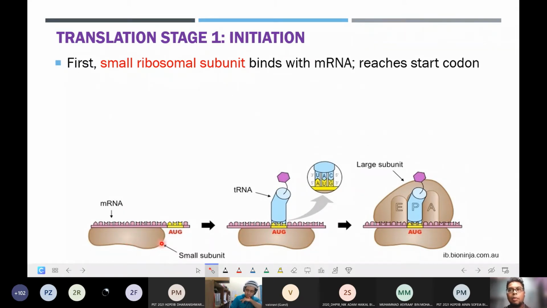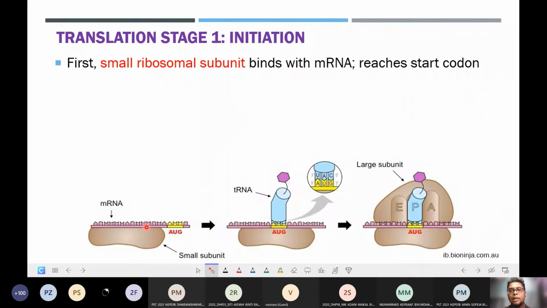We must know that the ribosome actually consists of 2 subunits. One will be the small subunit like this, and another one will be the large subunit. This one over here.